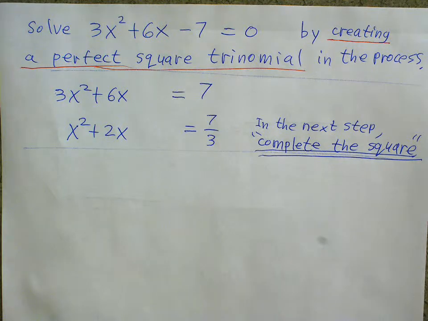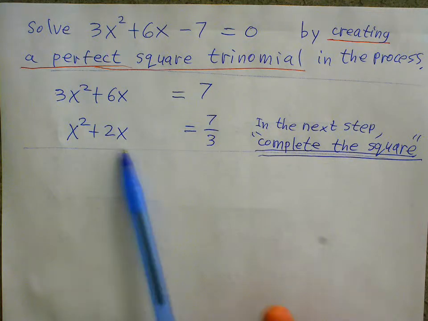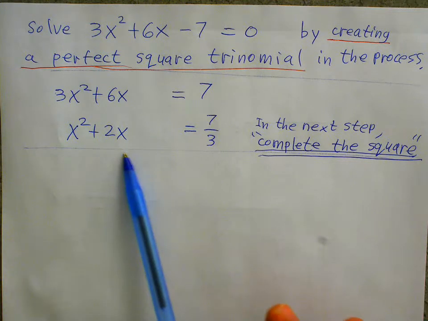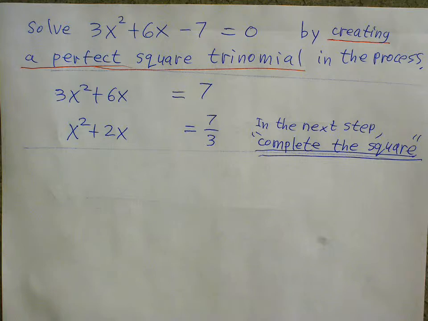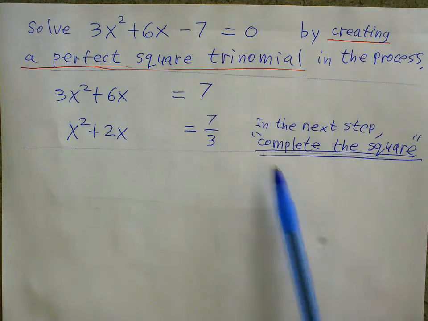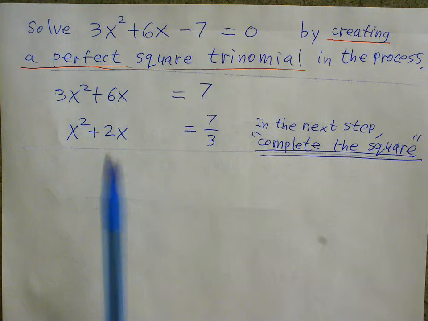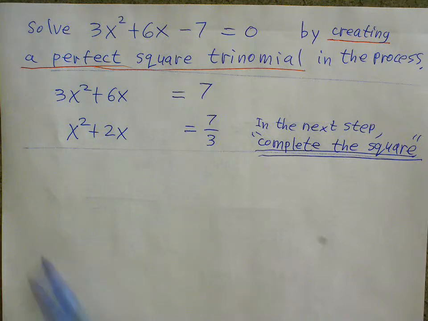So what does that mean? Well, it's synonymous with creating a perfect square trinomial. The idea is if you find a number to add to x squared plus 2x so that it becomes equal to the square of a binomial, then you will have completed the square. But whenever you square a binomial, you get a perfect square trinomial.